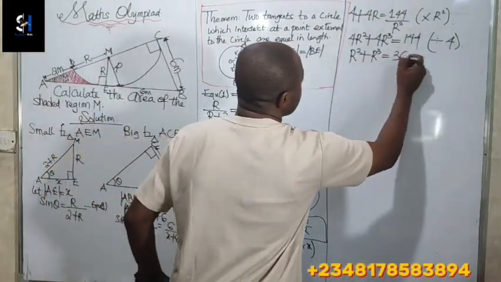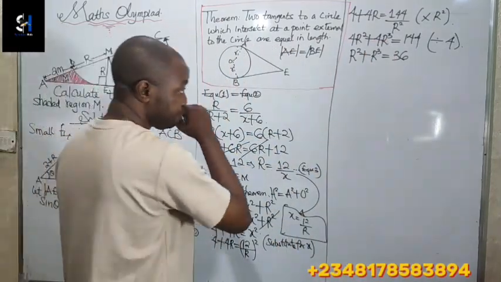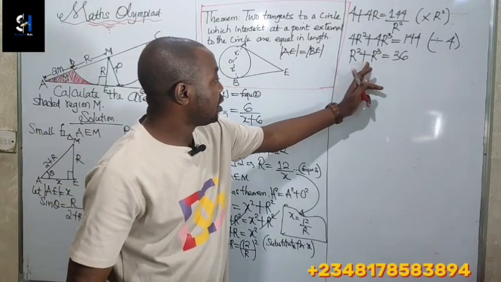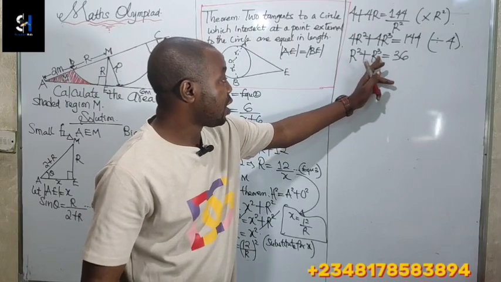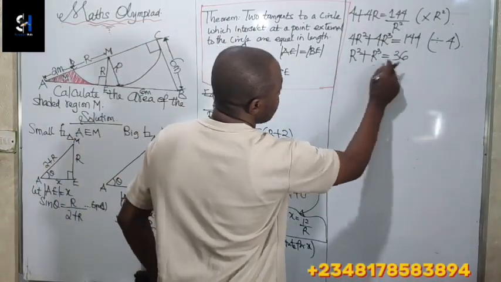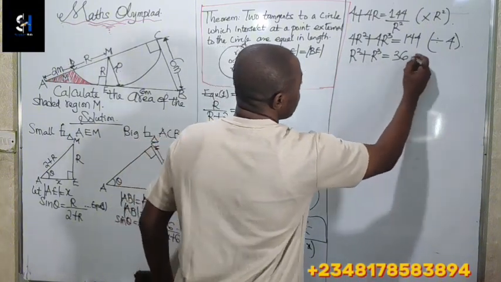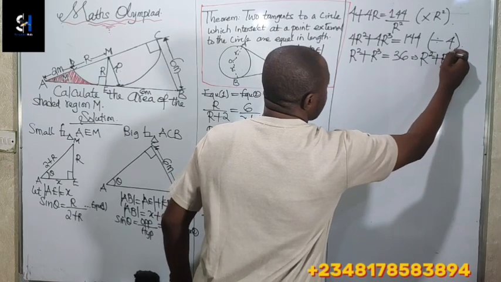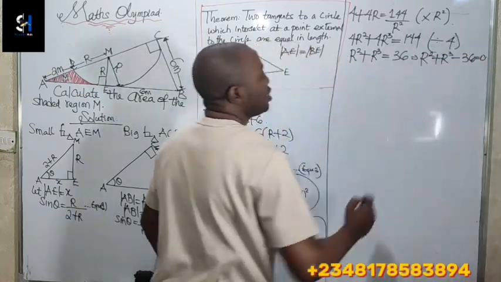So we have the square of r plus the cube of r equals 36. Then we can move 36 to the left hand side, so that the equation can be r squared plus r cubed minus 36 equals 0.